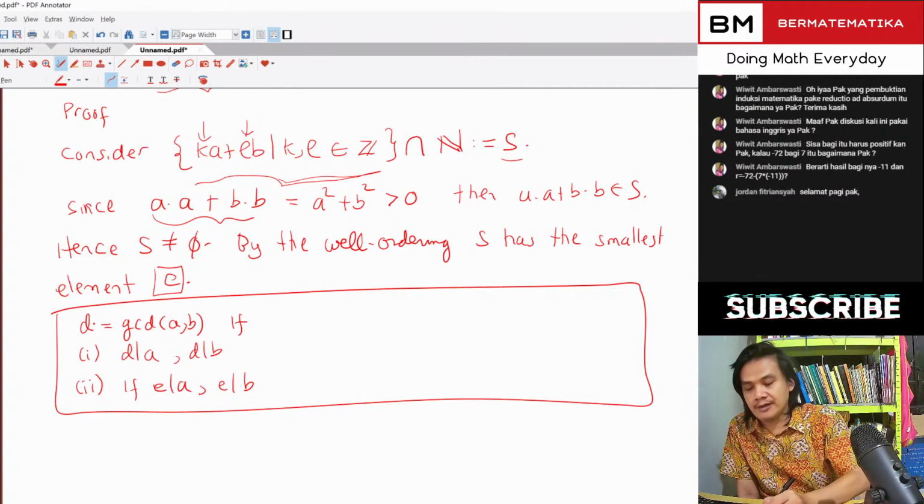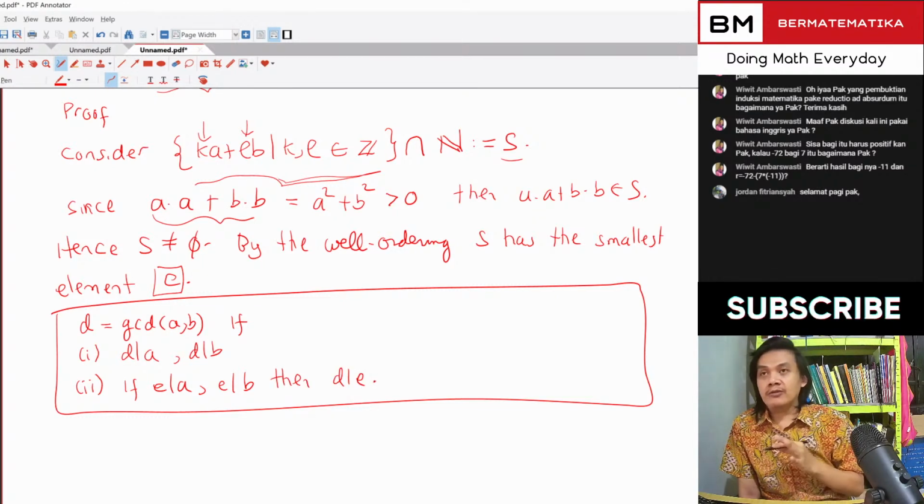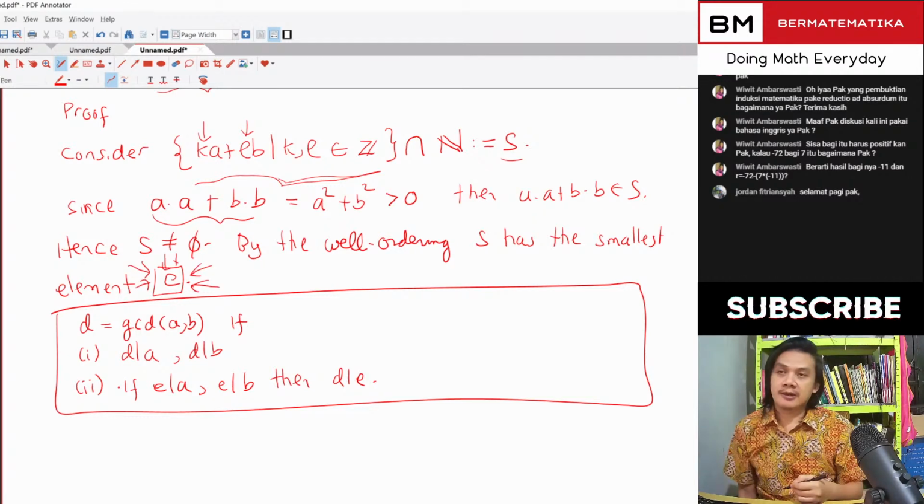Okay, so then what we need to do is just to verify that this candidate, this C, satisfies these two conditions. If C satisfies both of them, then C is the GCD of A and B.